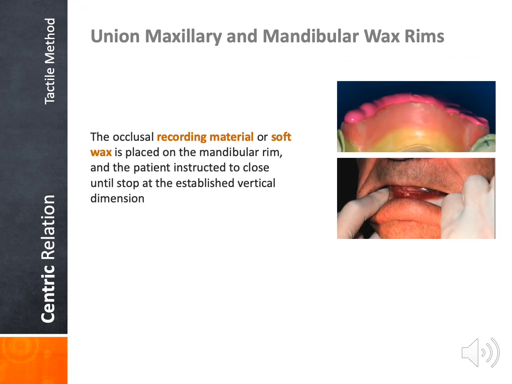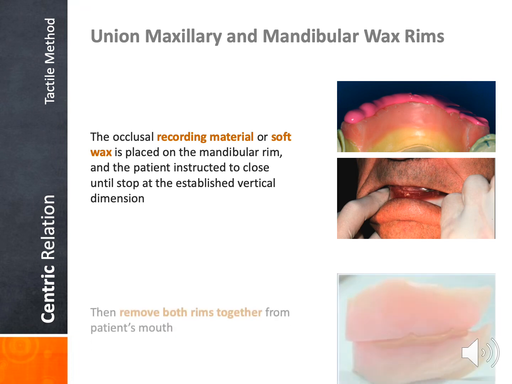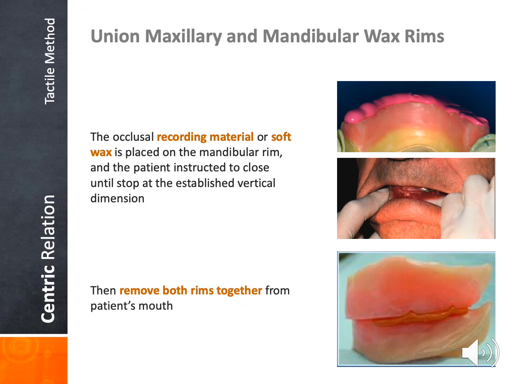After that, the occlusal recording material or soft wax is placed on the mandibular rim and the patient is asked to close in the centric position to the established vertical dimension. Finally, remove both rims together from the patient's mouth, put them on the cast, then mount them in the articulator.